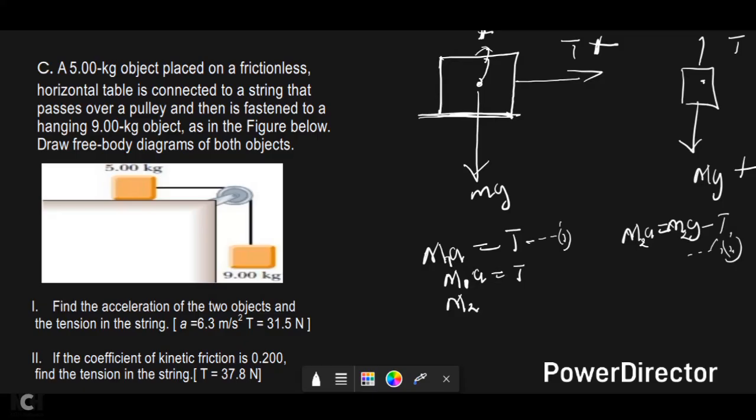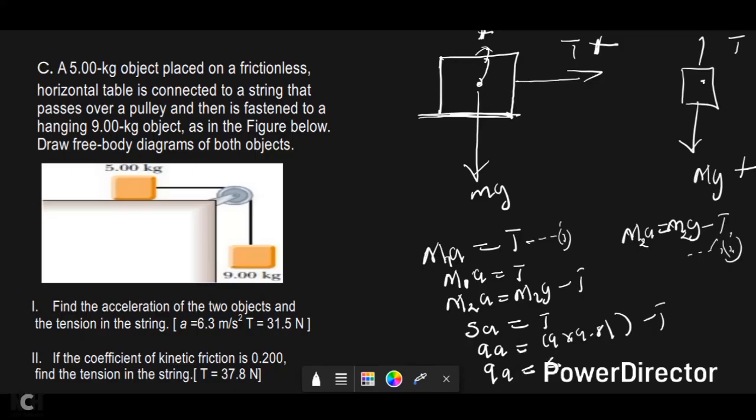So it will be m2g minus T. Let's calculate now. Equation 1 is 5a equal to T. Then the other one is 9a equal to 9 times 9.81 minus T. So you will have 9a equal to 9 times 9.81, which is 49.05 minus T, like that.